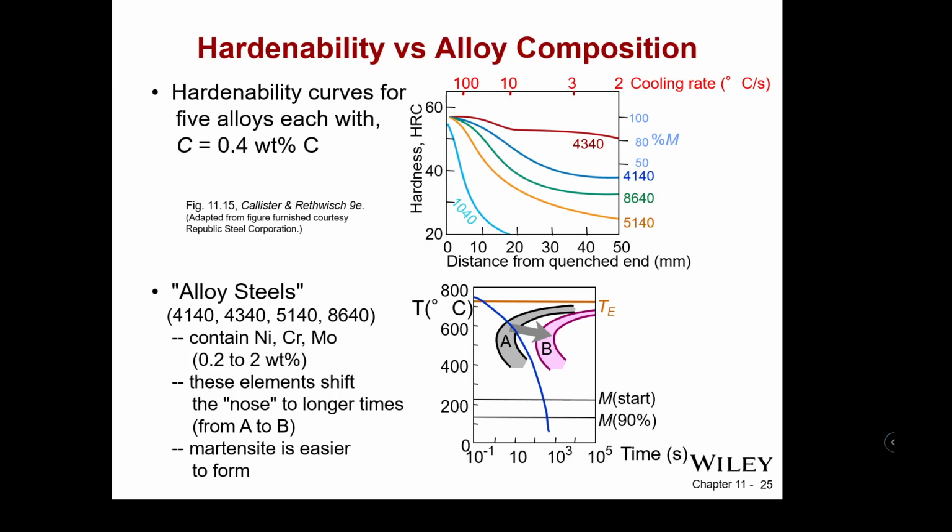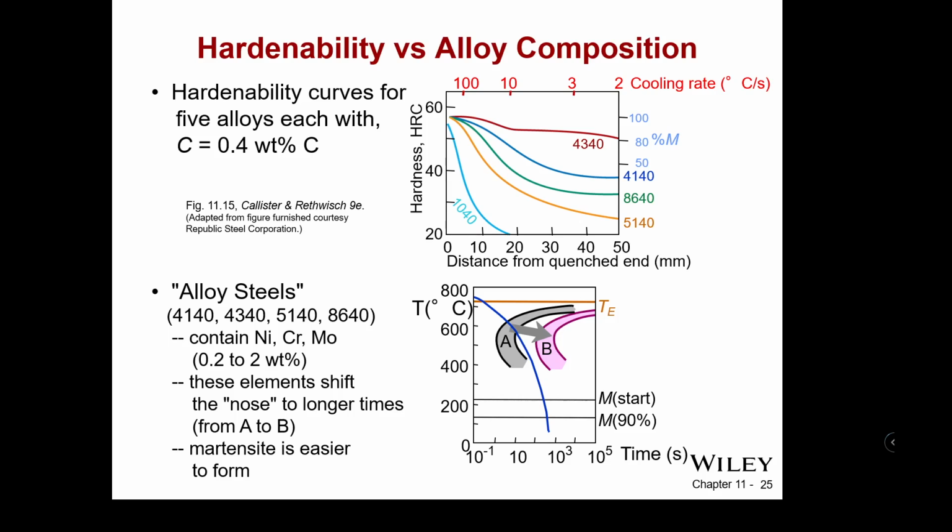So the hardenability curves for these 5 alloys, starting with 1040, going up to 4340, the hardness for 4340 is consistent. The hardness for 1040 varies rather dramatically, with 4140 kind of being in between those two.